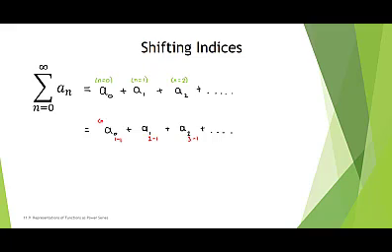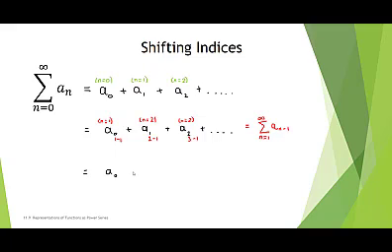And I imagine that this is n equals 1, this is n equals 2, and this is n equals 3. Well, then I can write this summation as the sum starting at n equals 1, going to infinity, and now my term is a sub n minus 1.